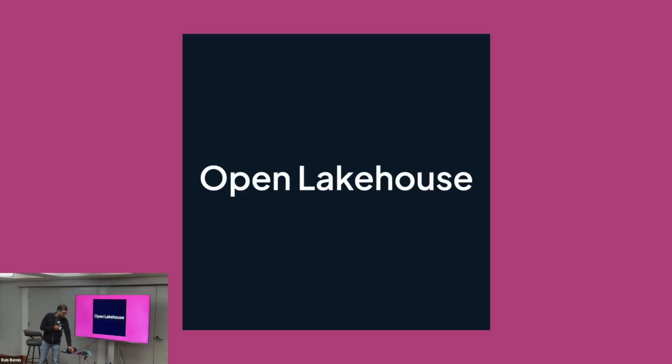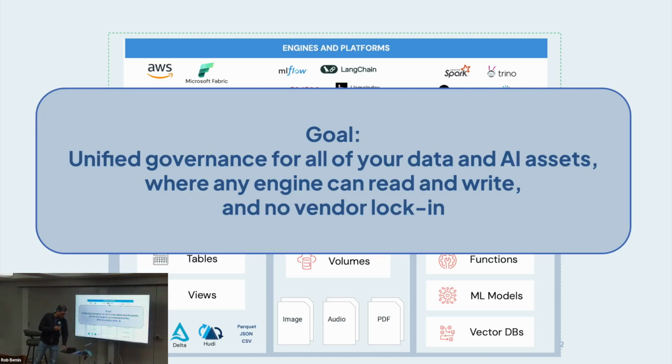So what's the solution? We call this an open lakehouse. When we talk to customers over and over again, we hear that what they are looking for is a central catalog that manages all their assets, their data assets, their AI assets, their files, their images, everything together, and provides unified governance across all of them, so that they can define policies in one place, and the policies apply whether you're accessing the data as a file, as a table, or as part of a training data set.